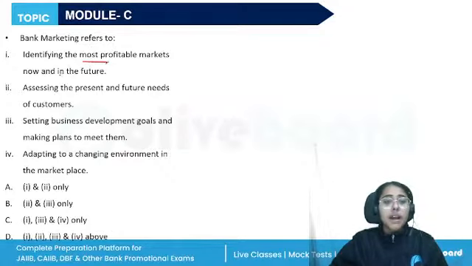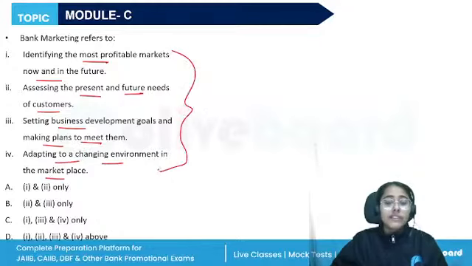Identifying the most profitable markets now and in the future, assessing the present and the future needs of the customers, setting business development goals and making plans to meet them, adapting to a changing environment in the marketplace. So out of these four statements, which are correct? 1 and 2 only, 2 and 3 only, 1, 2 and 3 only, or 1, 2, 3 and 4, that is all of the above.